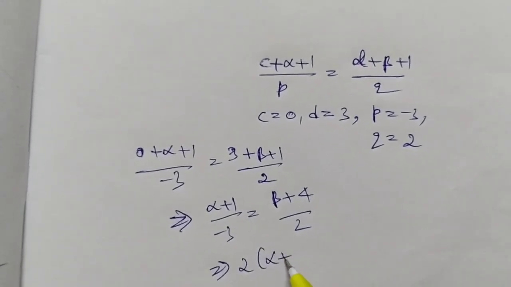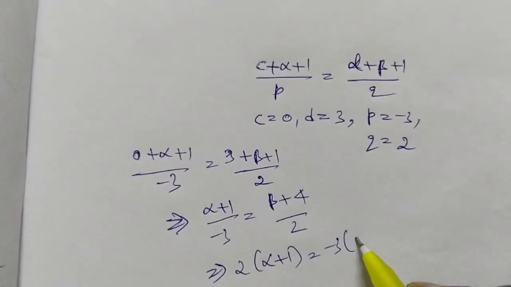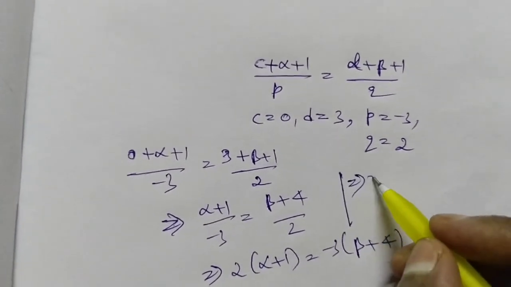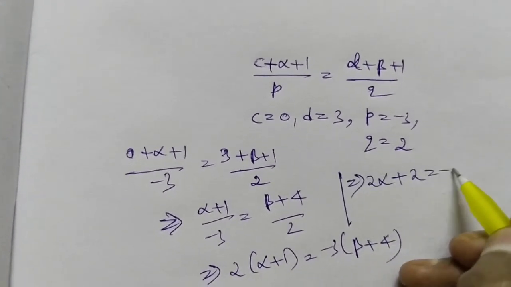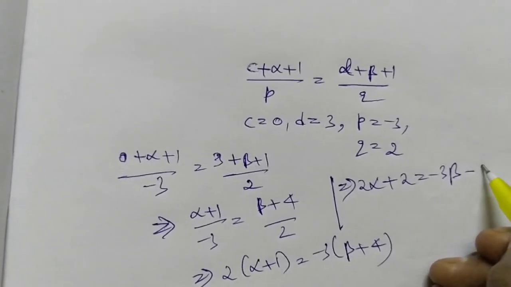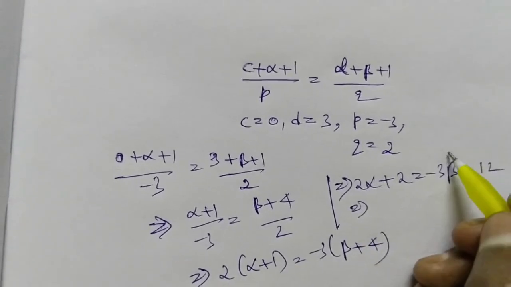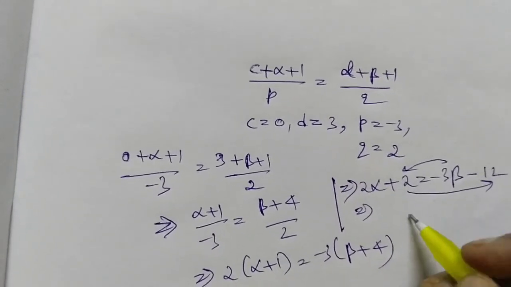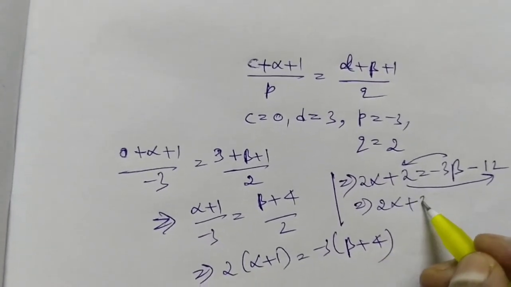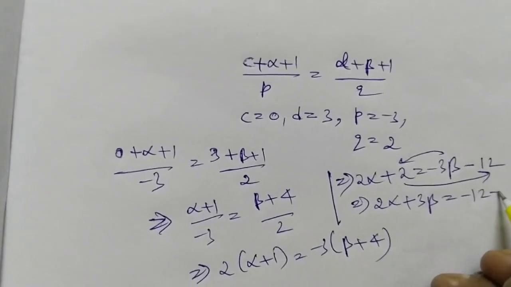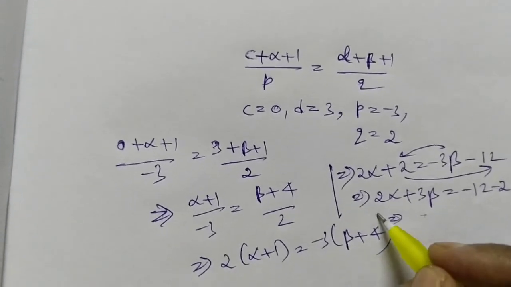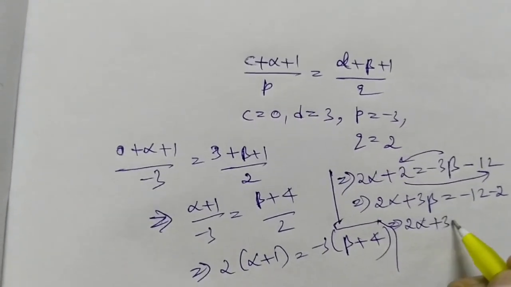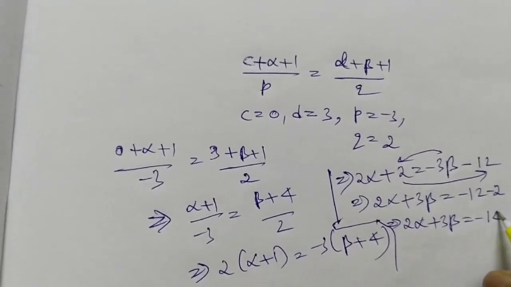You'll get 2 times alpha plus 1 equal to minus 3 times beta plus 4, which gives us 2 alpha plus 2 equal to minus 3 beta minus 12. Now bring this term to LHS and take this 2 to RHS. You'll get 2 alpha plus 3 beta equal to minus 12 minus 2, which gives us 2 alpha plus 3 beta equal to minus 14.